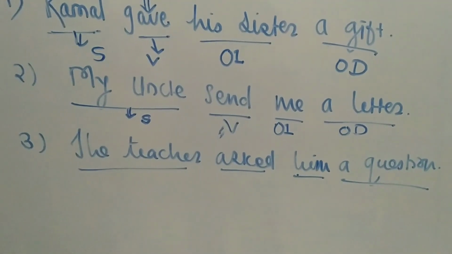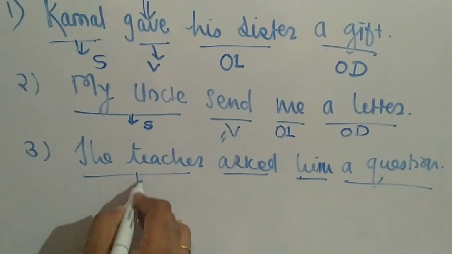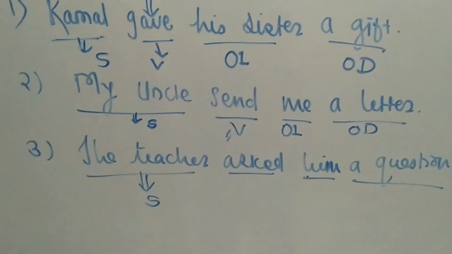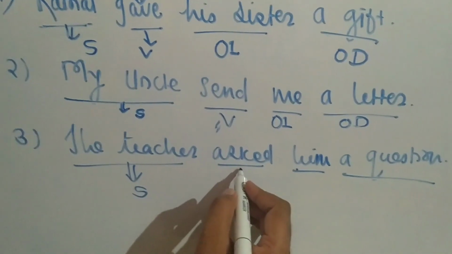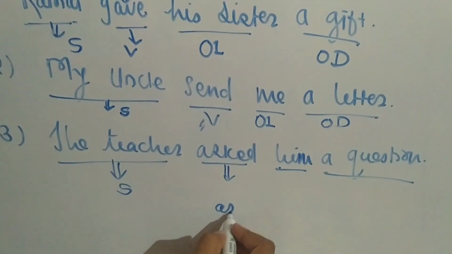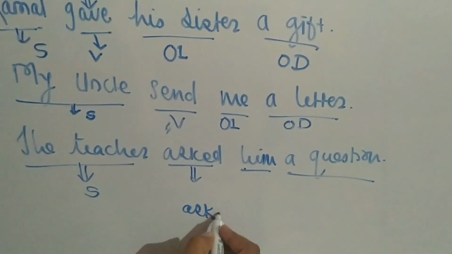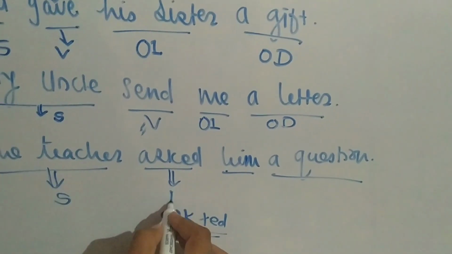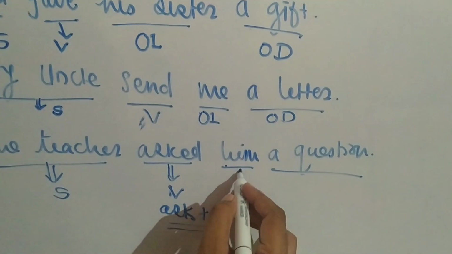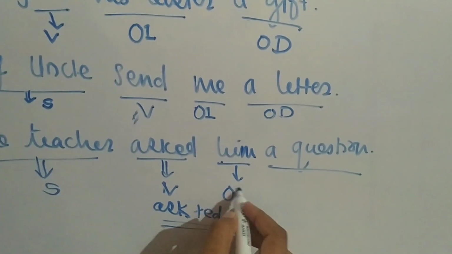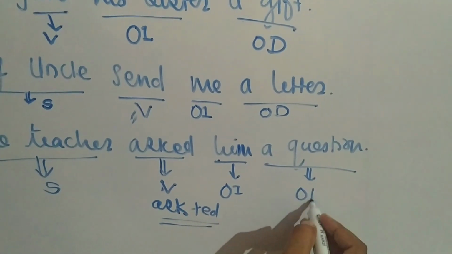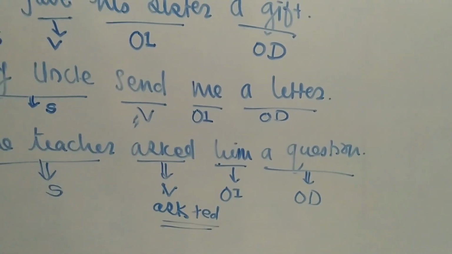Same in the third sentence structure, the teacher plays the role of subject, ask, present tense ask, we use ed, asked. It is the verb, him is the indirect object, a question is the direct object.